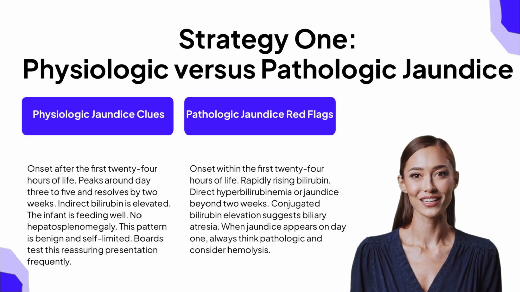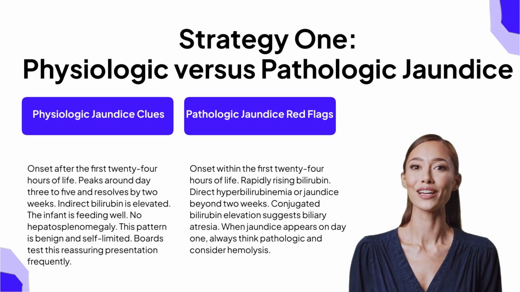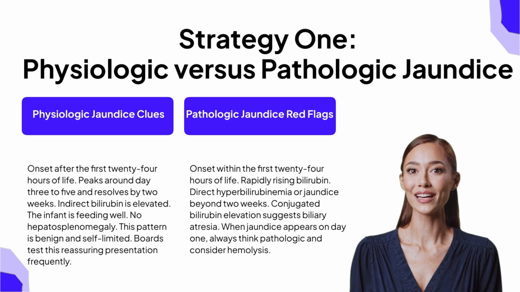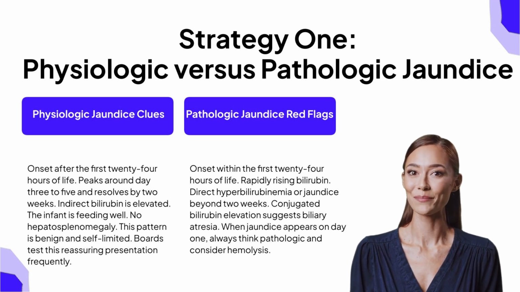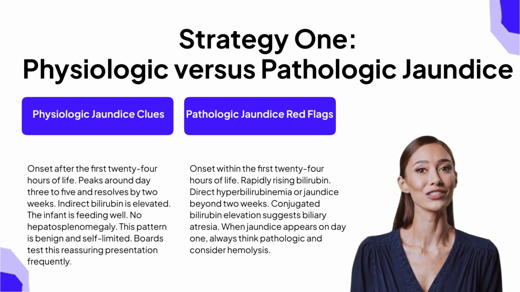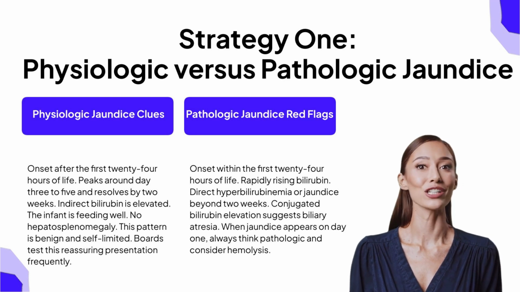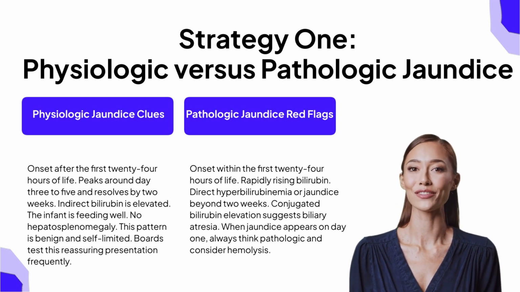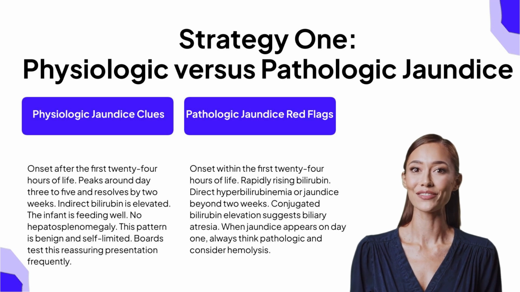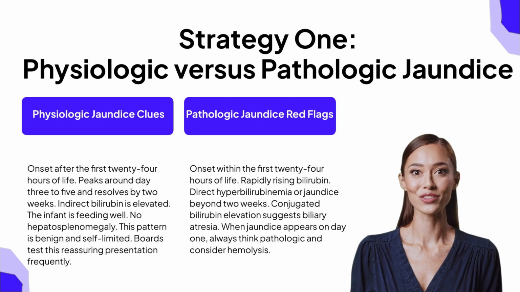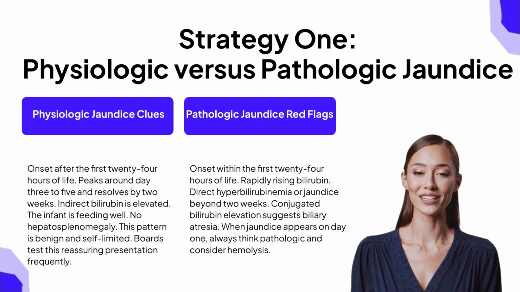Our first strategy is the physiologic versus pathologic jaundice split. When you see a question about a jaundiced newborn, immediately ask yourself, when did the jaundice start? If it starts after the first 24 hours of life, peaks around day 3 to 5, and the baby is feeding well, this is most likely physiologic jaundice. The bilirubin will be indirect and the condition is self-limited.